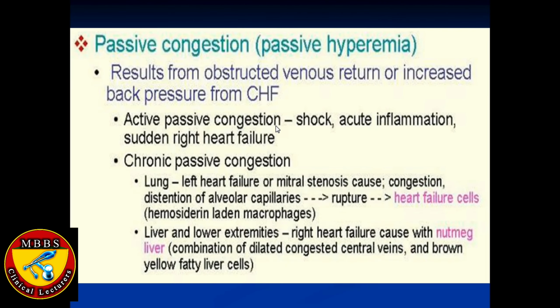Congestion is also an increased amount of blood in the small blood vessels, the venules and the capillaries. But this is a passive condition whereby the blood is not being drained by the venous system.